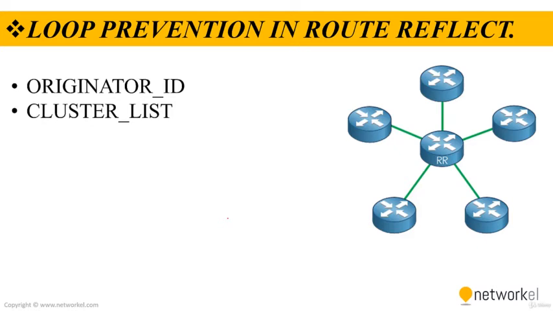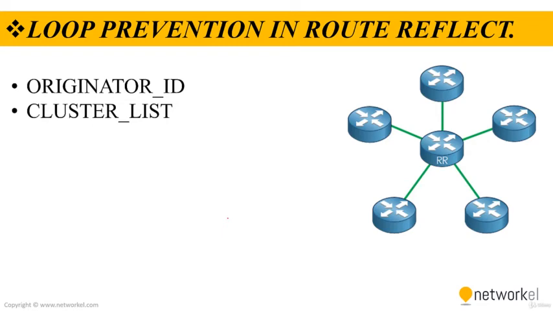So another thing is that removing the full mesh requirement in an IBGP topology introduces the potential for routing loops. When RFC 1966 was drafted, two other BGP route reflector specific attributes were added to prevent loops, guys. One of them is the originator ID, and the other one is the cluster list.